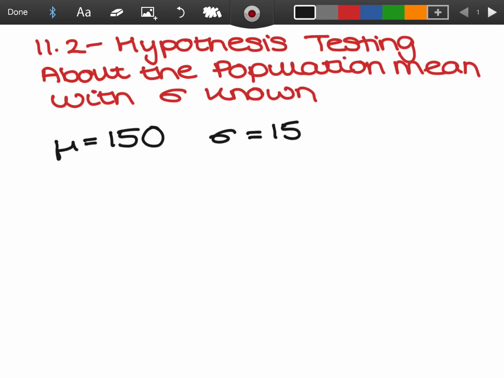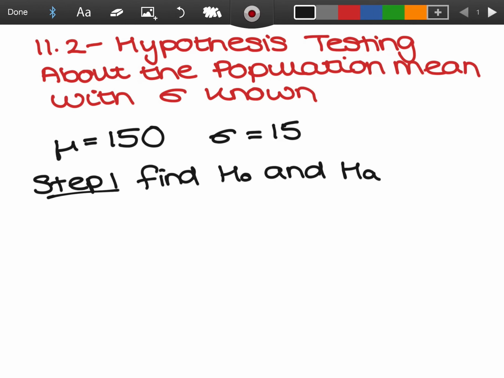Whenever we want to test, in this case, whether the reading level is different at this high school, we need to first get our null and alternative hypothesis first. We always do this. So, for step one, we're going to find H0 and HA. We want to find our null and alternative hypothesis.